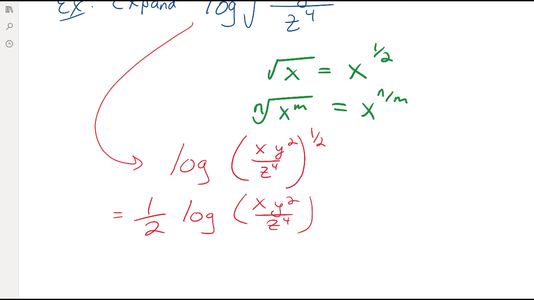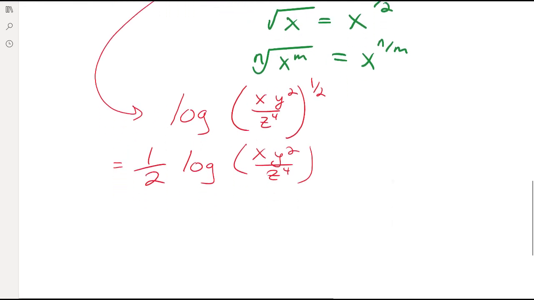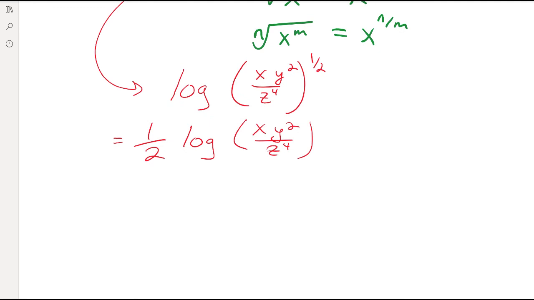Okay? Remember, when you don't see the base of the log, it's an understood base of 10, but that doesn't really matter to us. And then what we're going to do is we can now expand this log base 10, this log of x y squared over z to the 4th, similar to what we did in a previous problem. But the key here is that that entire thing needs to be multiplied by 1/2.